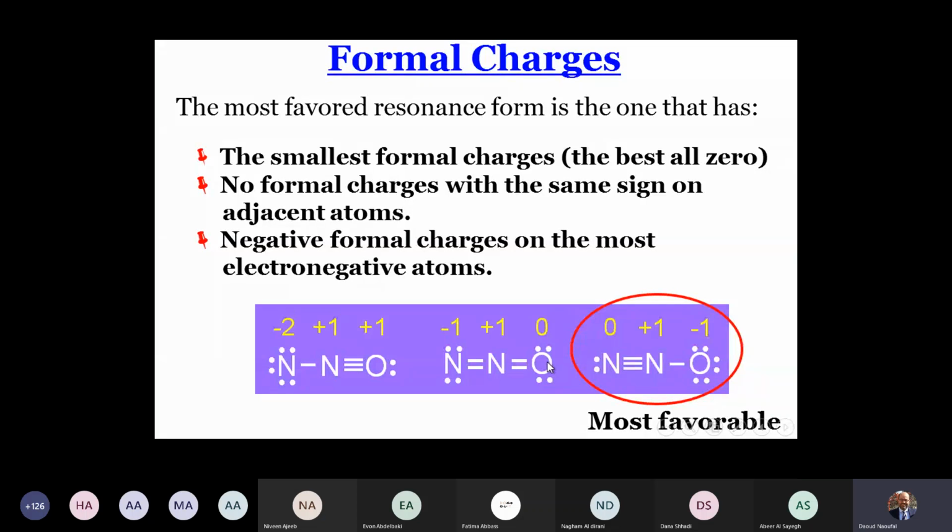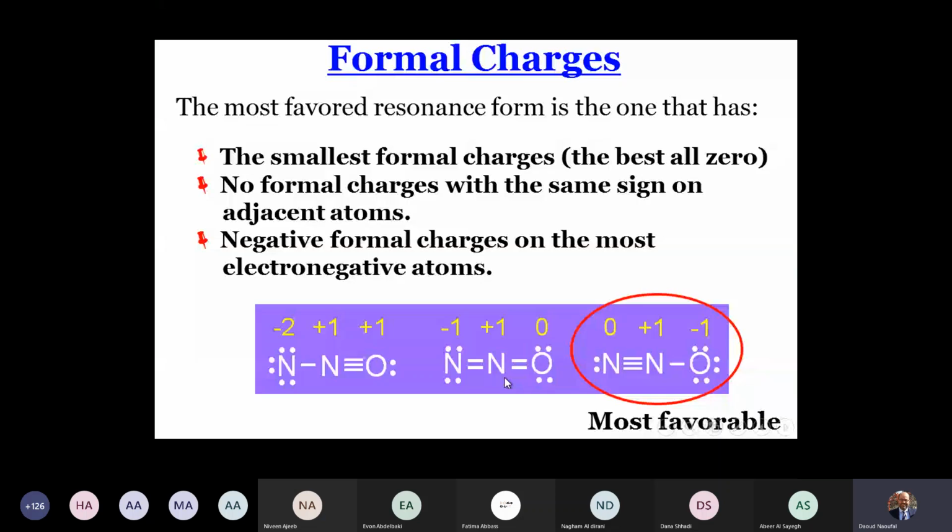So we pass to rule number 3. The negative charge should be on the most electronegative atom, and this is according to the definition of electronegativity. The electronegativity is the capacity of an atom to attract electrons to itself in a molecule. So the most electronegative atom should have a charge minus. Comparing structure 2 and structure 3, which is more electronegative, oxygen or nitrogen?